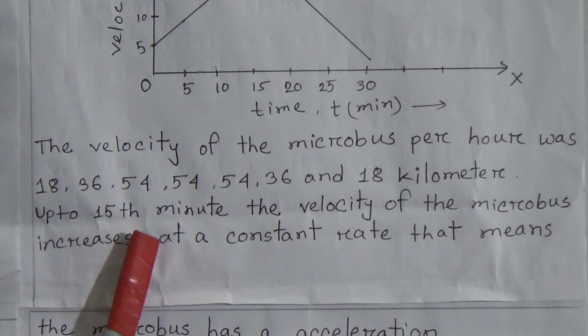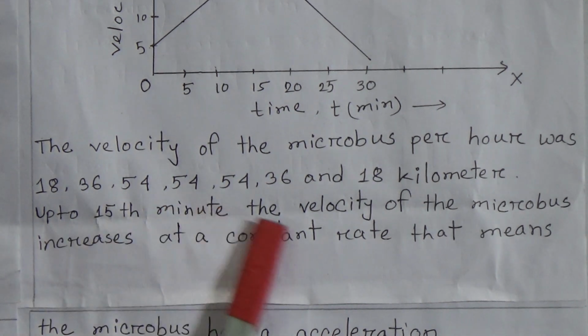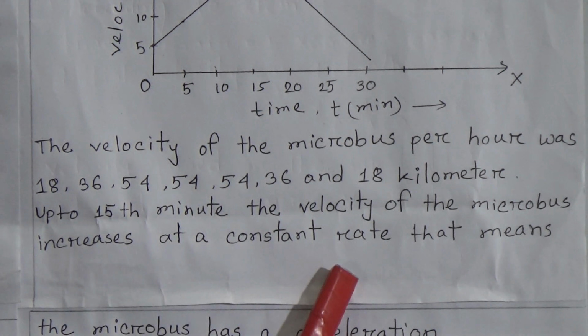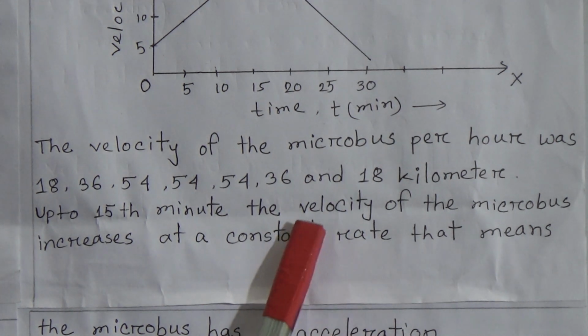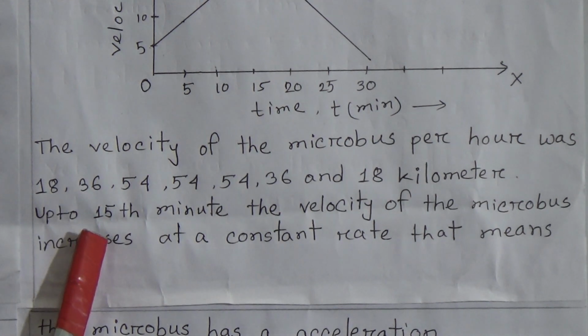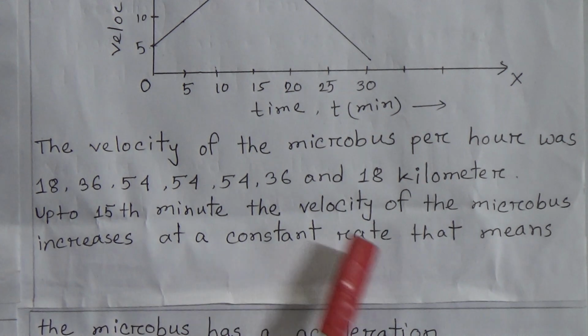Up to the 15th minute, this is 5, 10, 15th. Up to 15 minutes the velocity of the microbus increases at a constant rate, right? 36 minus 18 equals 18, 54 minus 36 is always 18. The difference is all the same. So up to 15 minutes the velocity of the microbus increases at a constant rate.